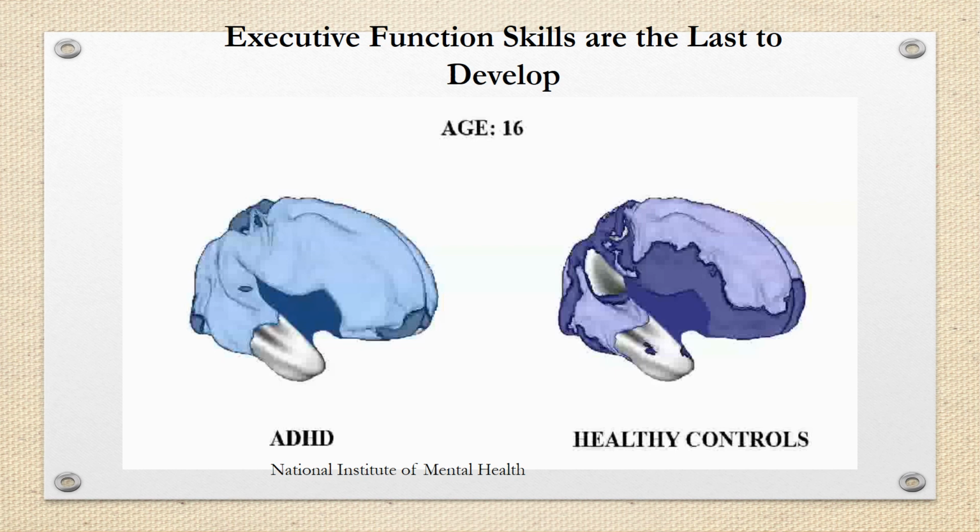So taking a look at these two images of the brain, the lightest area are the immature areas, and the darker areas are the areas that are mature. Let's watch how the brain with the person with ADHD and the healthy brain develop over time. So these are the two comparison brains at age 6.